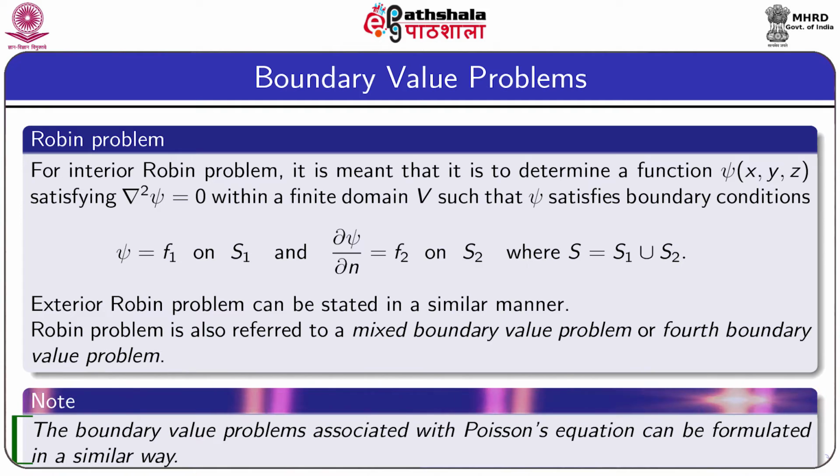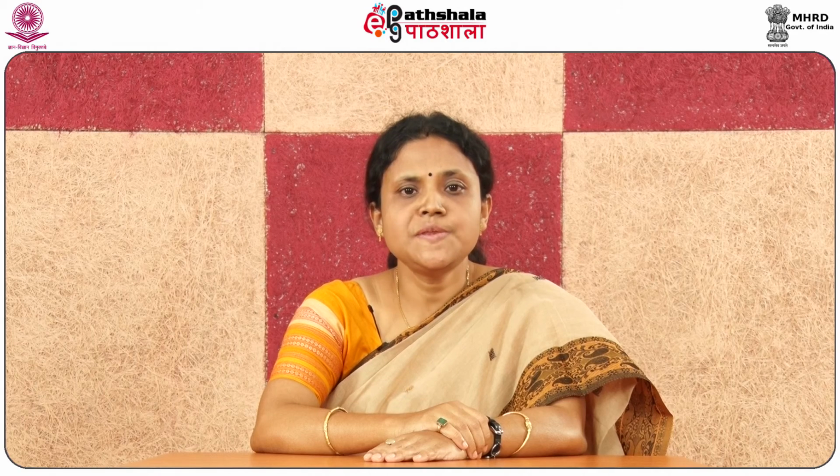It is to be noted that the boundary value problem associated with Poisson's equation can be formulated in a similar way. In this section, we are going to discuss about harmonic function and its properties.